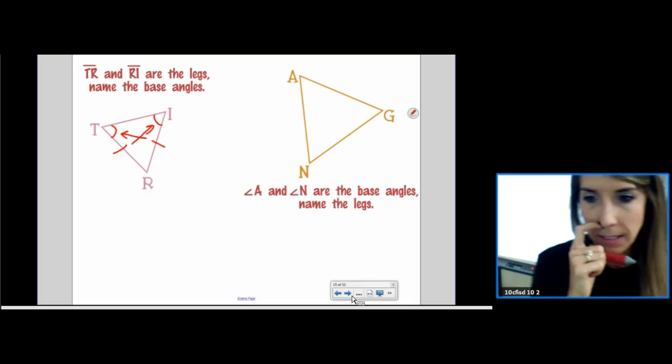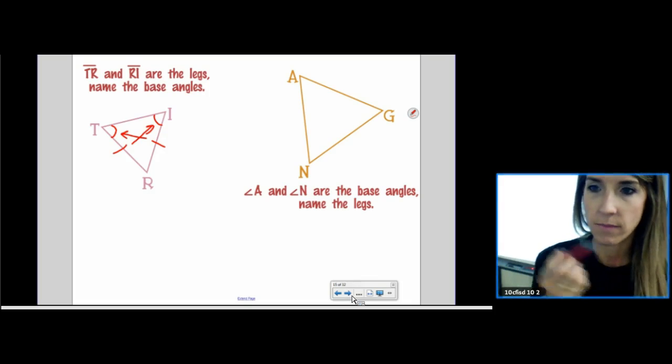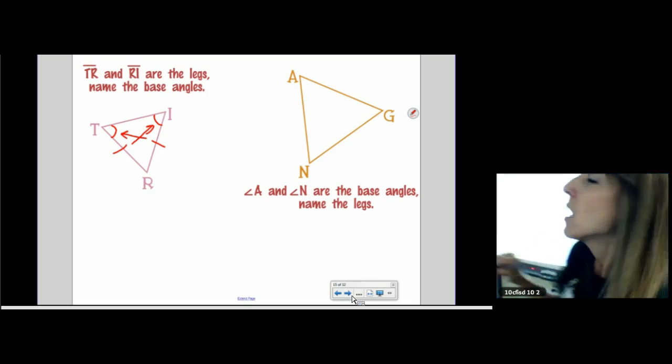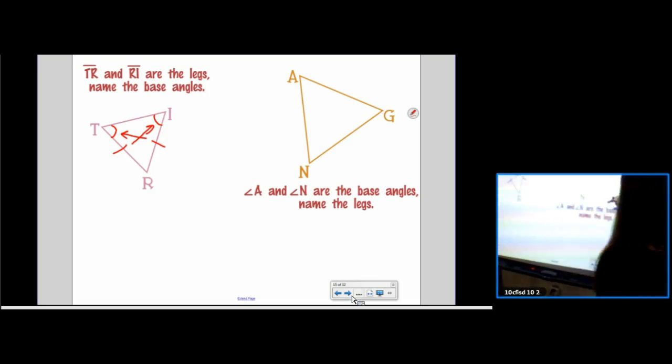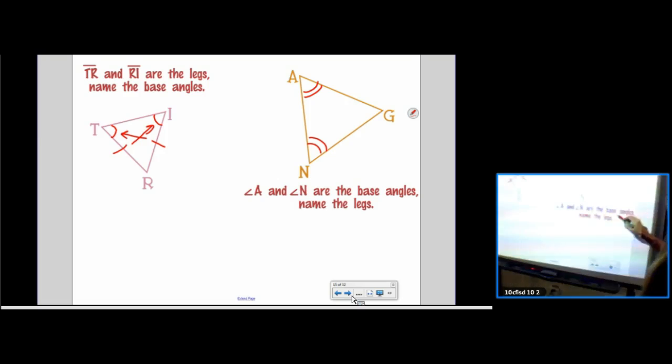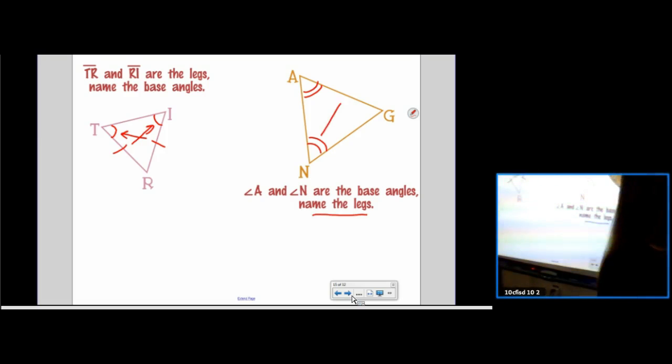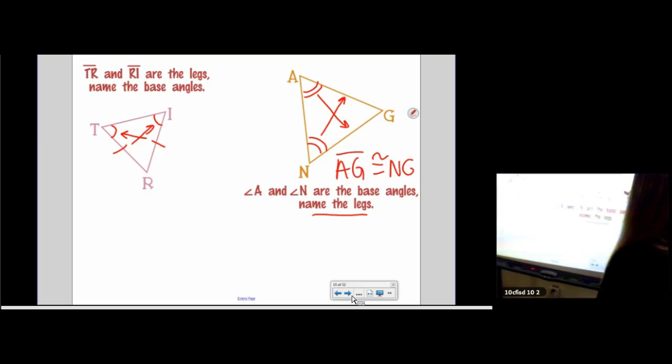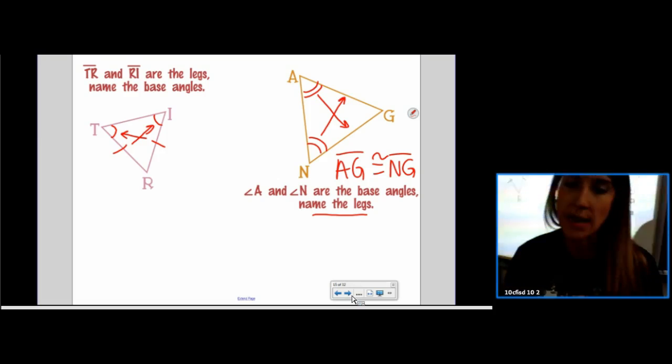So the base angles are T and I. Very good. T is congruent to I. In our next triangle, it says A and N are the base angles. Name the legs. So you look across from the base angle. So the legs would be AG and GN or NG.